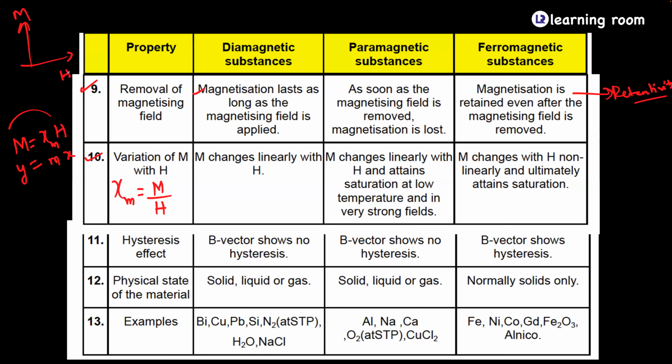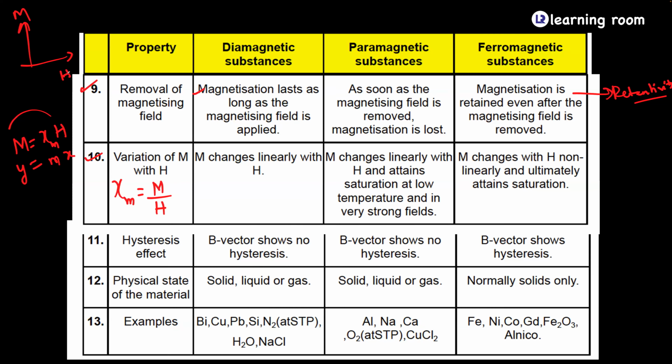Meaning, if this is a paramagnetic substance and I place it in the presence of an external magnetic field, it will get magnetized, in the same direction as that of the external magnetic field, as we learned in the second point. So it has susceptibility. Okay, accepted. But as you keep increasing the external magnetic field, the magnetic field generated inside this material will also increase, linearly.